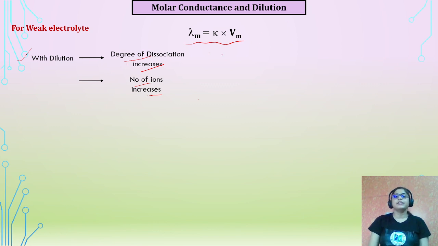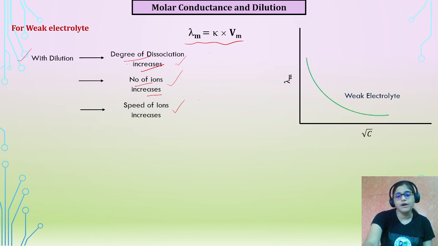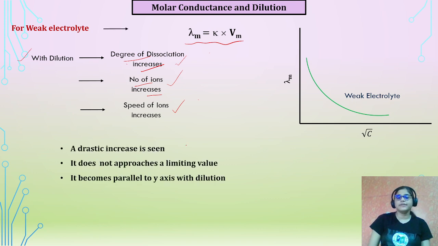Here the degree of dissociation increases, the number of ions increases, and their speed or mobility also increases. So various things play a role when we are diluting a weak electrolyte. That's why the graph here will be like this. There will be a drastic increase with dilution.